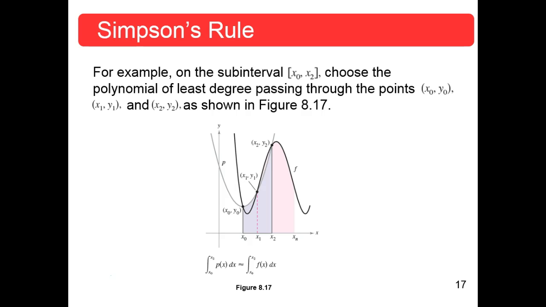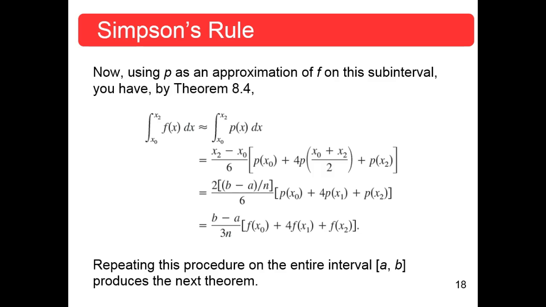Now, using p as an approximation of f on that subinterval, you have by theorem 8.4, the one we just did, here was your f, that's approximately the p, and that 8.4 is x2 minus x0, that was your b minus a over 6, times this: p at x0, 4 times the p at the point in between, this is x1, basically, and then p at x2. Well, that's just 4 times p of x1. That's what I just said.